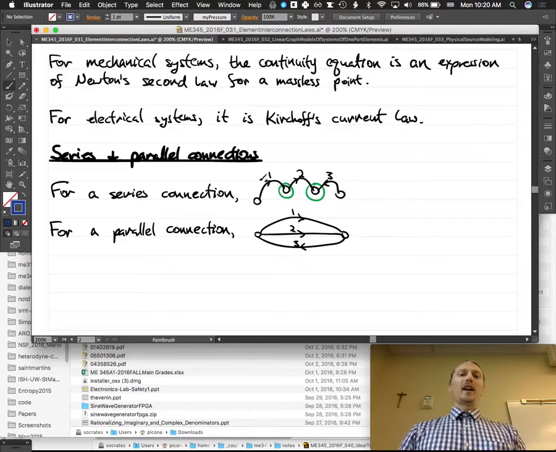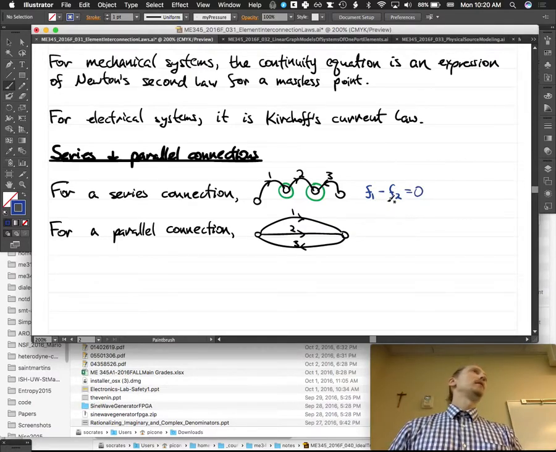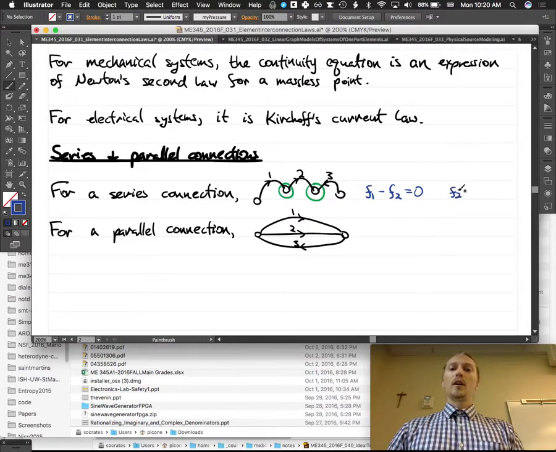Okay, here's the first one. F1 is going in minus F2 going out equals 0. Therefore, F1 equals F2, right? This one says F2 plus F3 equals 0.